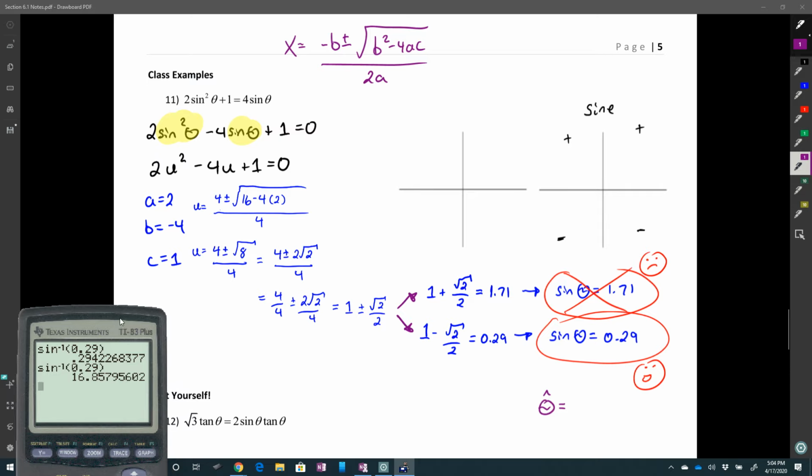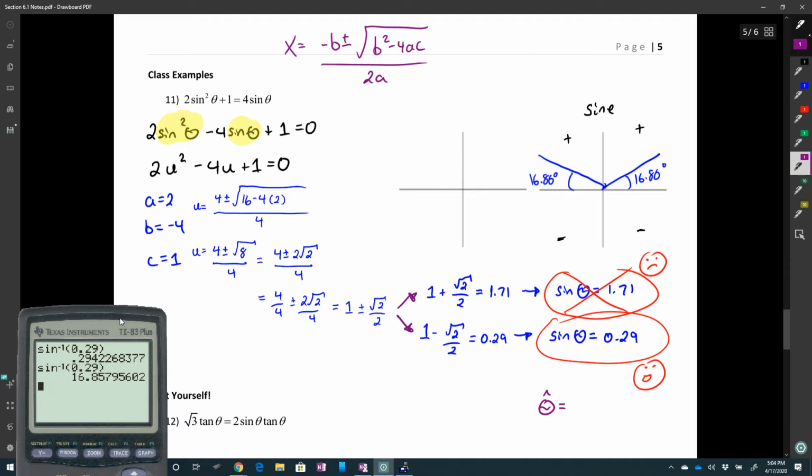Okay, so I'm gonna do this one in degrees just because the numbers are bigger. So 16.86 and then 16.86 in this direction.